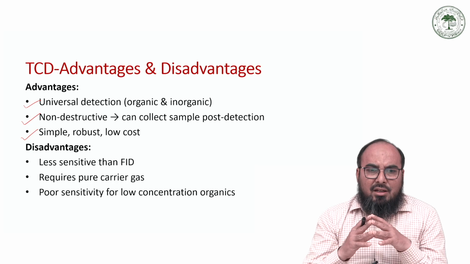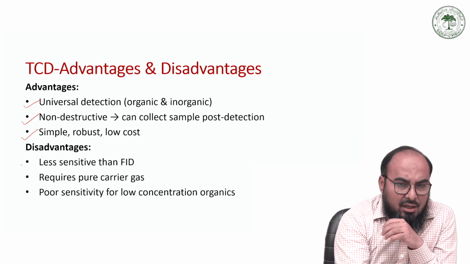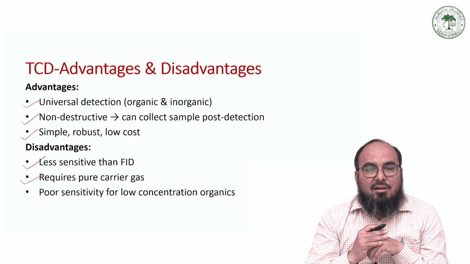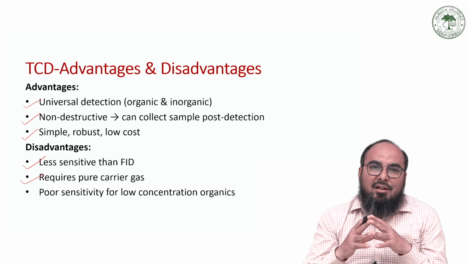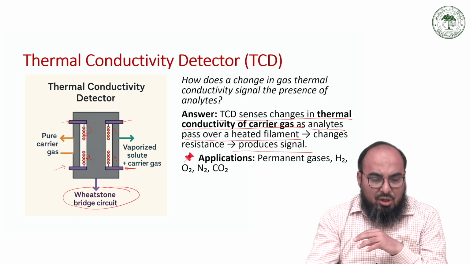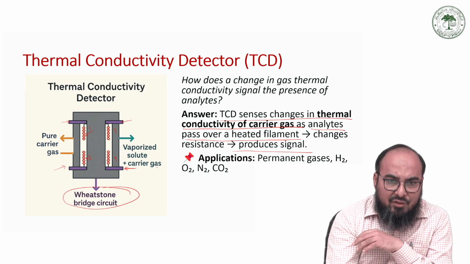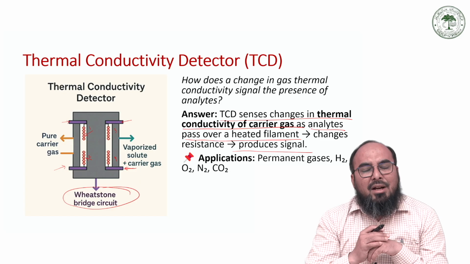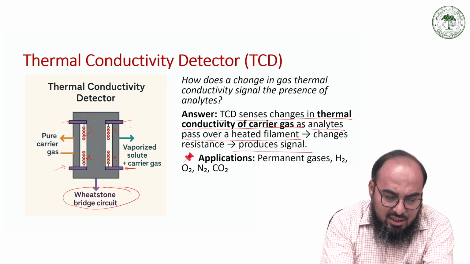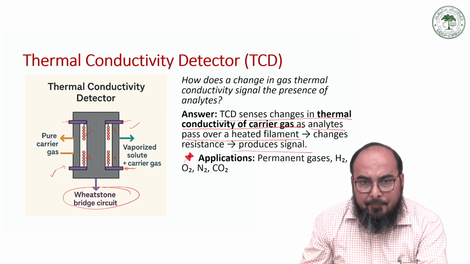But if you compare it with FID, that is the flame ionization detector, then it is less sensitive. It requires pure carrier gas. Otherwise, you cannot cancel the thermal conductivity of your carrier gas in both the compartments, because initially you run the pure carrier gas here and here, and after that you run the vaporized solute along with the carrier gas, and that is why you calculate the difference here and here by connecting it through the Wheatstone bridge.